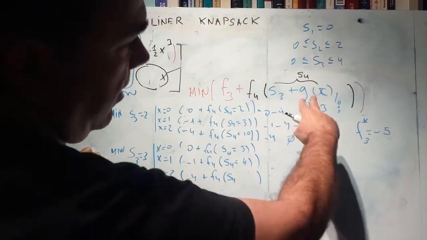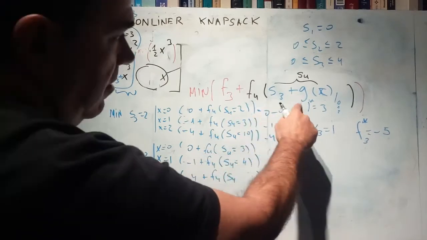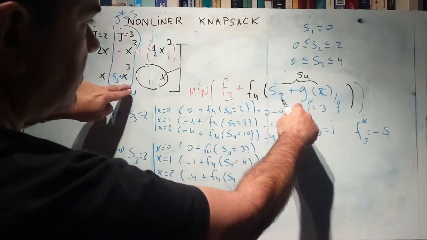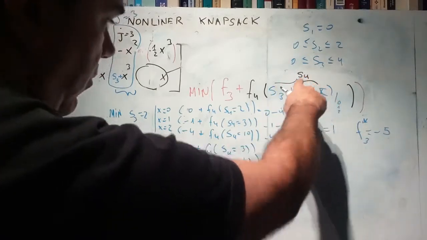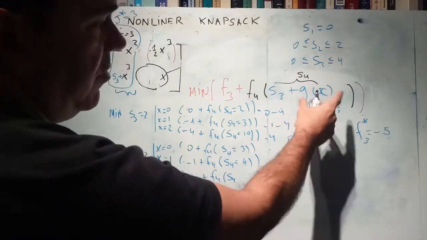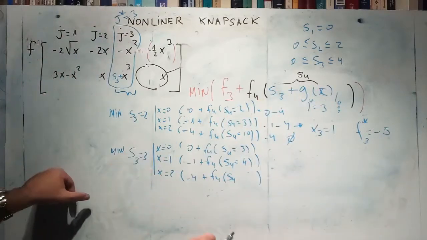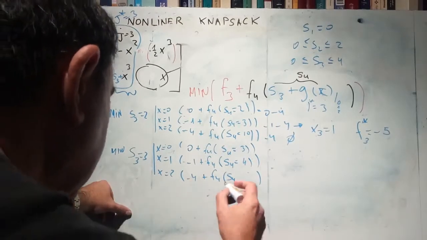Remember that S4 is summing the value of S3 plus G3 evaluated at 0, at 1 and 2. So it's the sum. But when I put S3 being, what I've done is just the sum of here, right? Okay, 4 and the last 11.